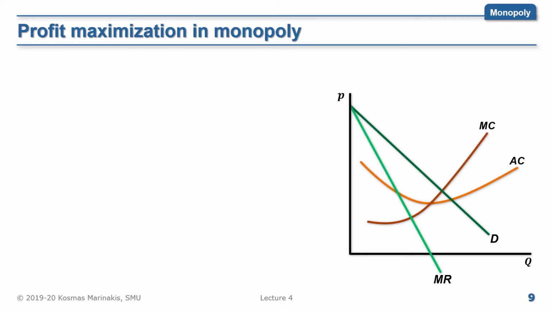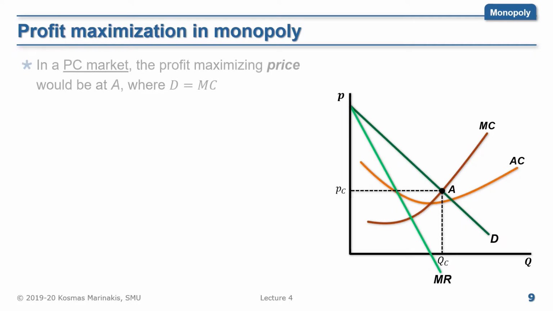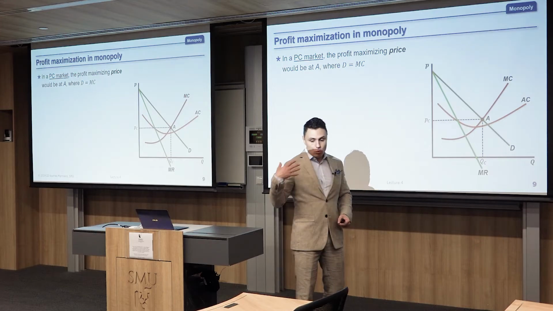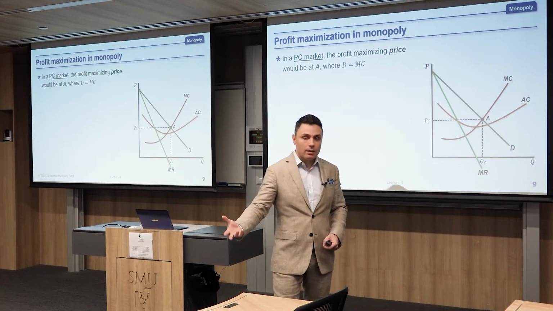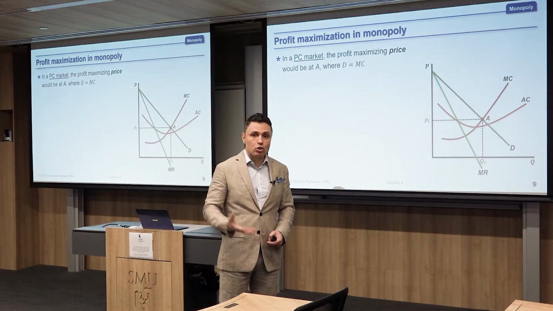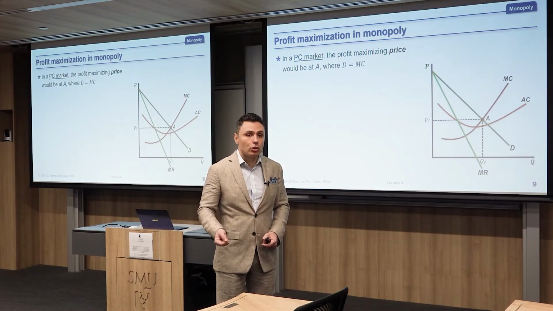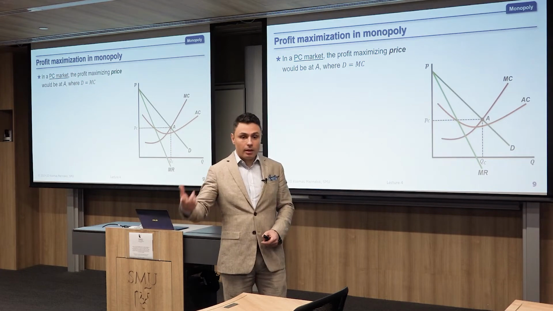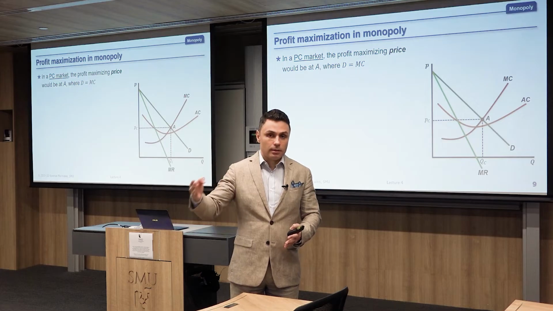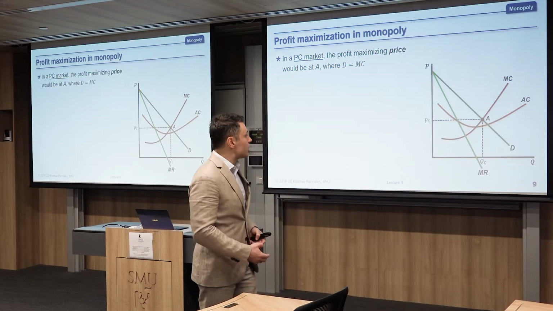And we know now that if this was a perfectly competitive market, you would get your equilibrium by locating the point where your demand, which gives you the price, is equal to the marginal cost, because the equilibrium condition in perfect competition is price equals marginal cost.